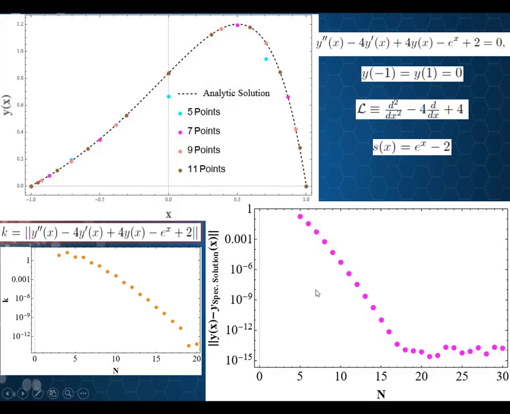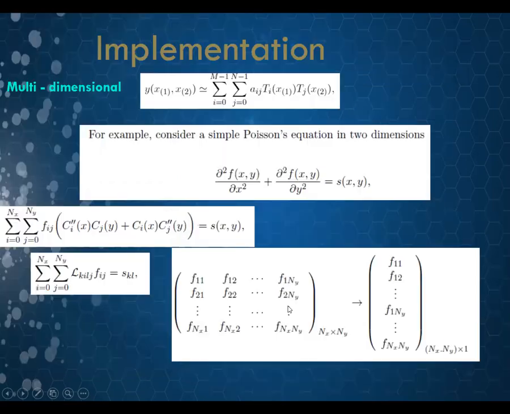It shows the convergence of the solution: as you see, after approximately 18 grid points, we reached 10 to the power minus 15 in accuracy. And this shows the stability of the solution after approximately 20 grid points.